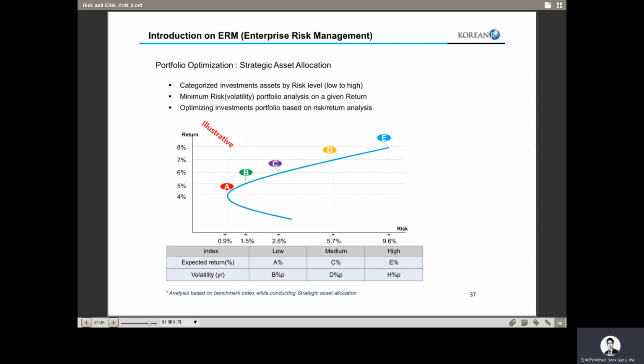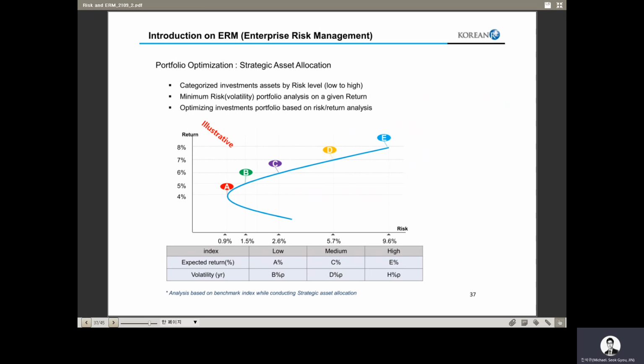Here is an example of portfolio optimization, like capital allocation, especially strategic asset allocation and investment. We first categorize investment assets by risk level, from low to high, and build a minimum risk portfolio. It means if there is the same return, and one option has low volatility and the other has higher volatility, where volatility means risk, then the company chooses lower volatility, lower risk with the same return.